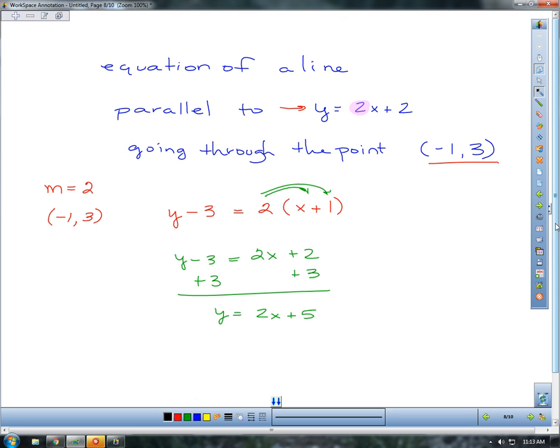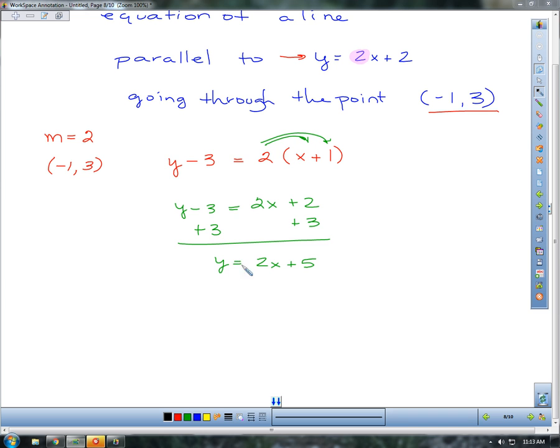Now let's look at putting this in standard form. So I'm going to take my slope-intercept, and I'm going to get my x on the same side as y. So now I have -2x plus y equals 5. Now remember, the first number cannot be a fraction, and it cannot be a negative number.